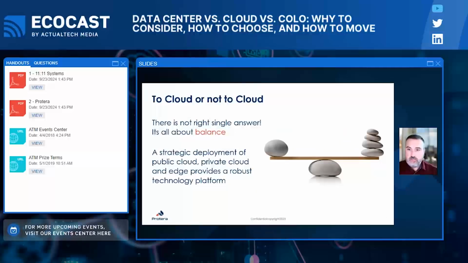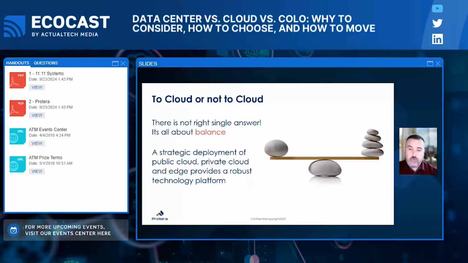And when I look at cloud, like I said, it's all about balance. It's about understanding that I've got these different buckets that have different characteristics, and how do I put the right workloads in the right place? That's going to drive a lot of our decisions, and we're going to double click on each one of those and where they make sense. But again, we have to think about my security, my cost, my agility, what drives the right use cases for my business. Do I do multi-public cloud?